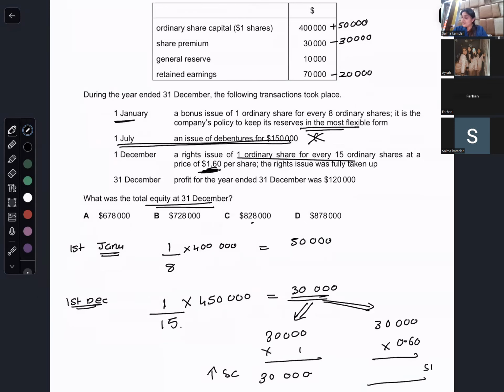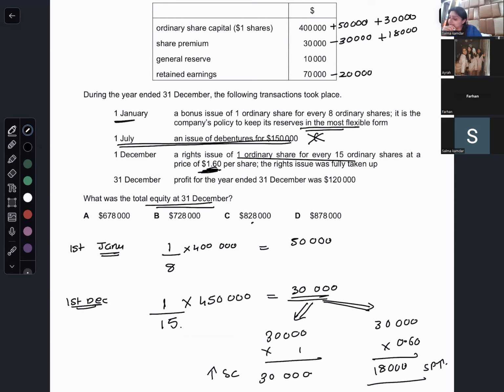Share premium will increase. 30,000 into 0.60 is how much? 18,000. So capital will increase by how much? 30,000. And share premium will increase by 18,000.